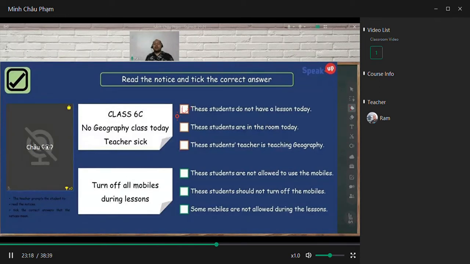All right. So, yep, that is correct. Good job. Next, turn off all mobiles during the lesson. So we have 3 options here. What do you think is correct?